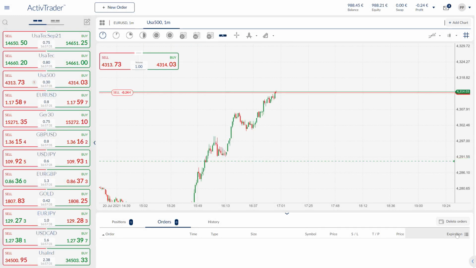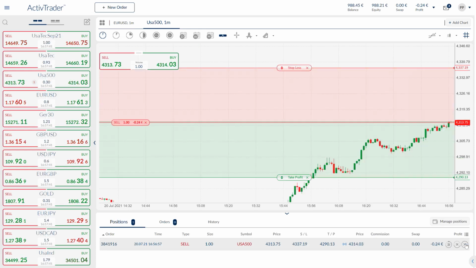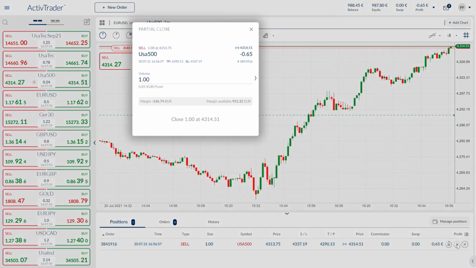When you go to positions, you get 3 dots down there, which means if you want to partially close the position, this is where you'll be able to do it. This only occurs when you have more than the minimum position sizing. So this is why I got 1 lot in here. If you want to partially close the position, this is where you do it.